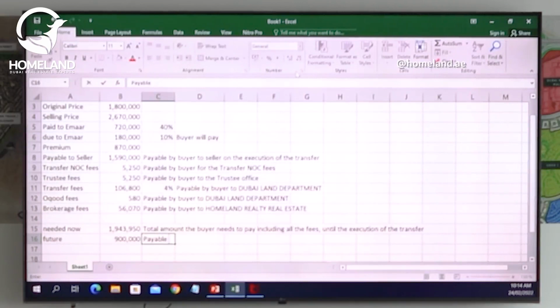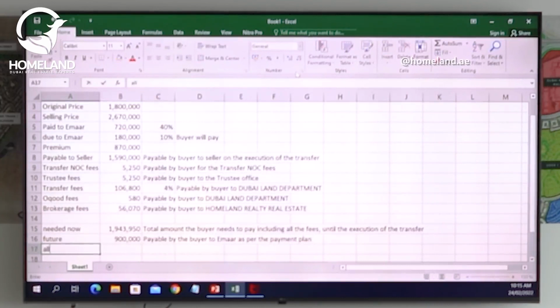When the transfer is done, the same payment plan is transferred, so the new owner will continue the installments to Emaar. The seller is out of the picture. Goodbye. Now the new buyer has to continue to Emaar, payable as per the payment plan installments.